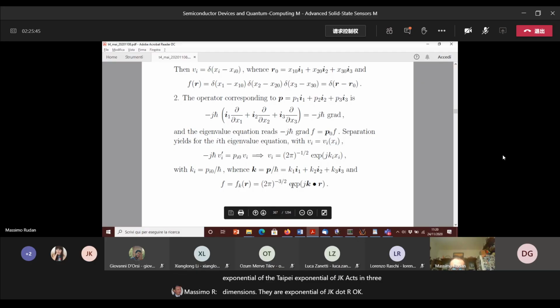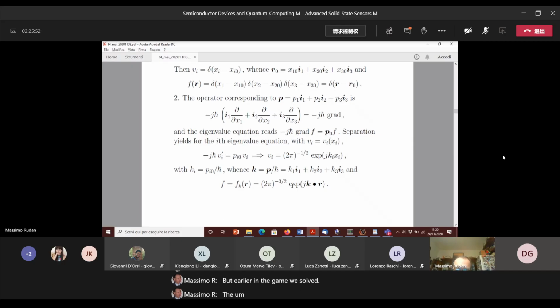But earlier in the game, we solved the problem of the Schrödinger equation for the particle in free space to find the eigenvalues of energy and the eigenfunctions of energy. And if you remember, we have found that for a free particle, the eigenfunctions of energy are again the exponentials of jkx in one dimension.